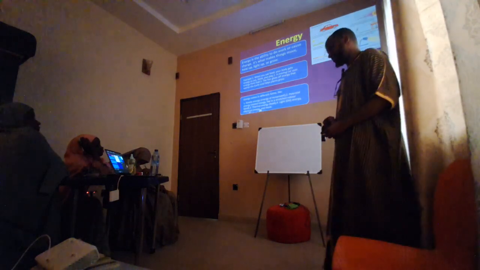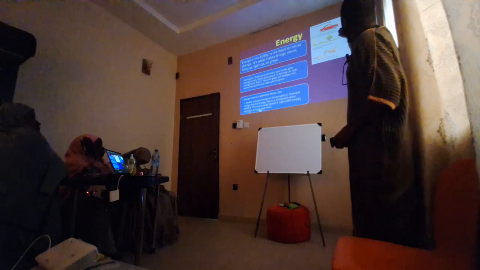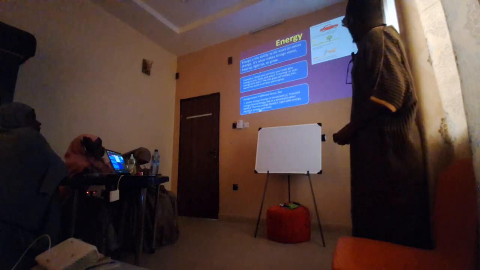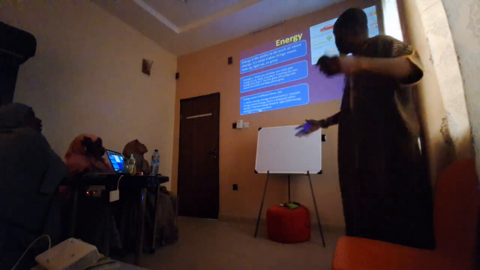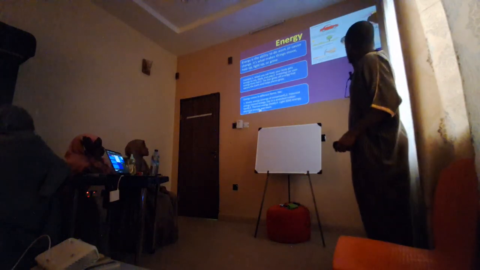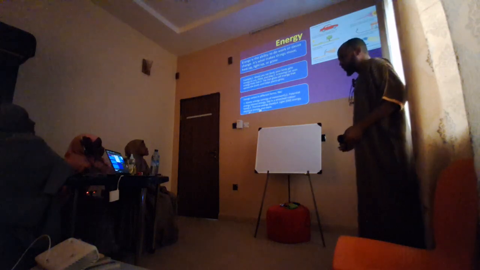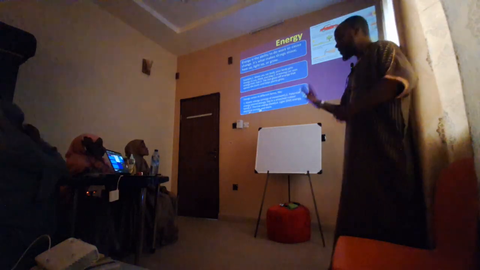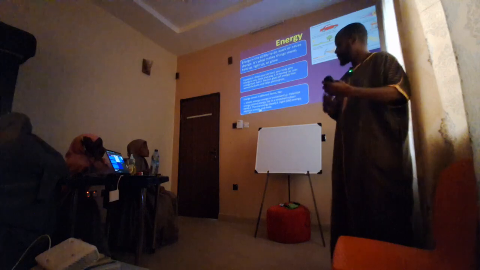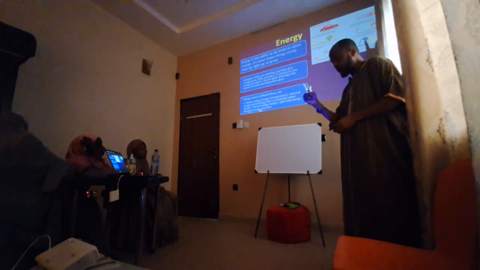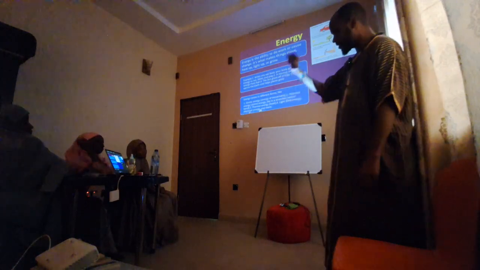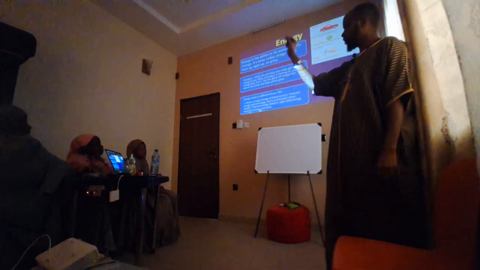Now, you also have a tree receiving the radiant energy and converting it to chemical energy, because plants also make their food. How? Through a process called photosynthesis. One of the requirements for photosynthesis to take place is sunlight.